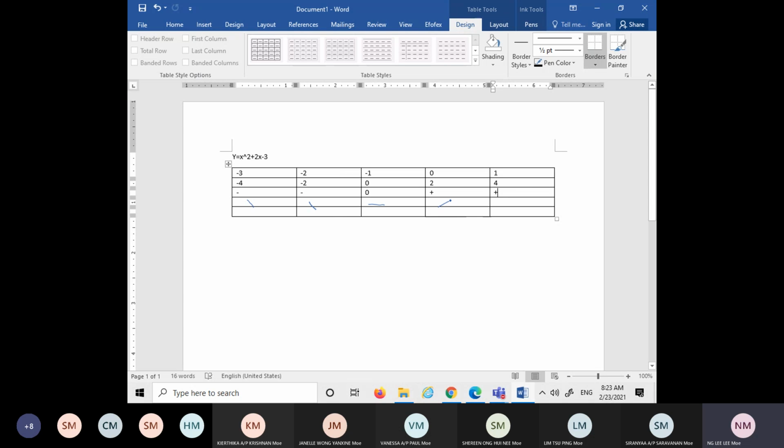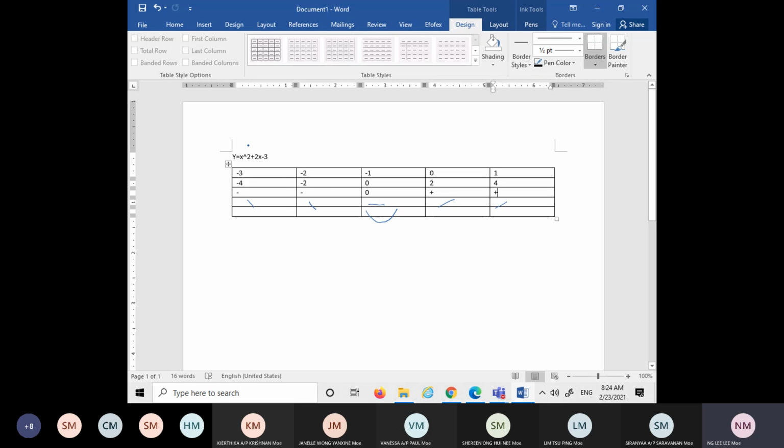Positive is this way. So all together you can see go down, flat, and then come up. So the sketch of the graph will be like this, a smiling face. By determining the gradient, it will tell you how the graph looks like. You can roughly sketch the graph by using this method.